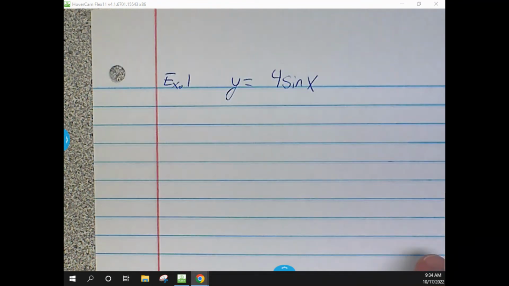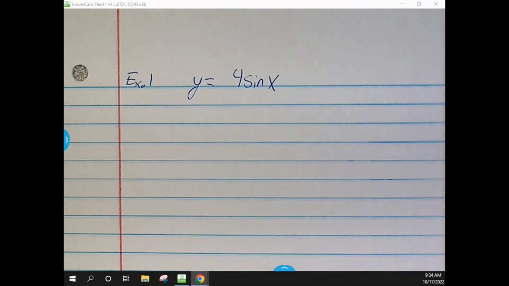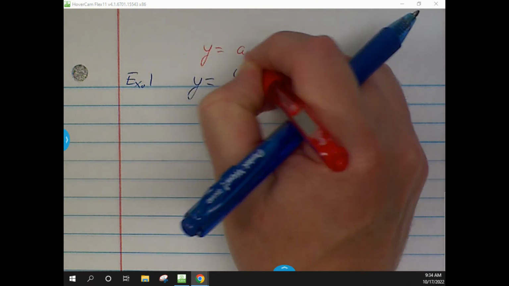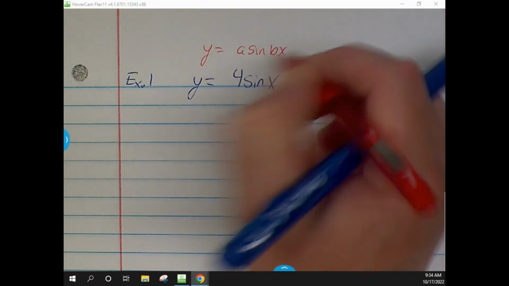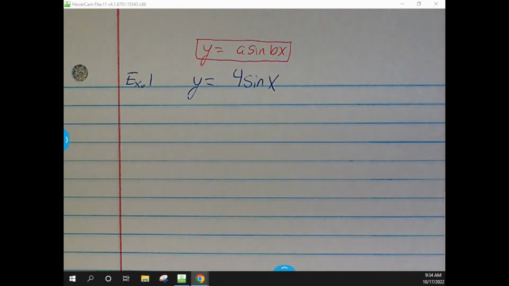All right, let's go with y equals 4 sine x. All right, and again, if we're talking about just the basic layout of it, that's our basic formula here.